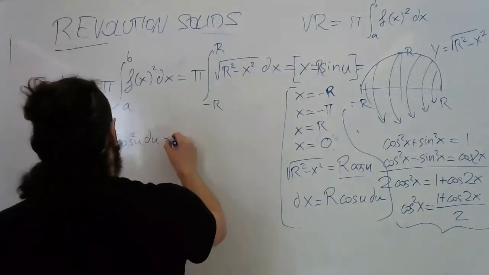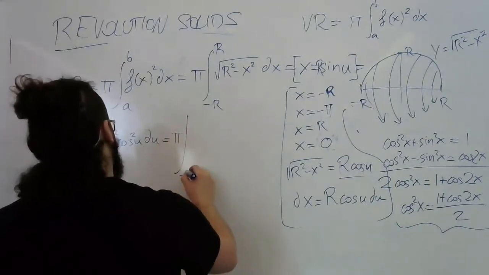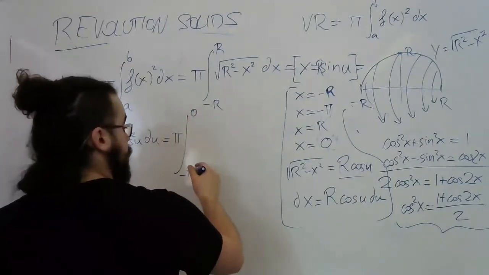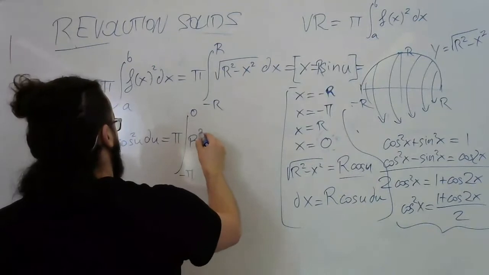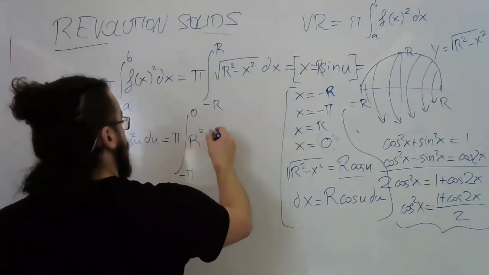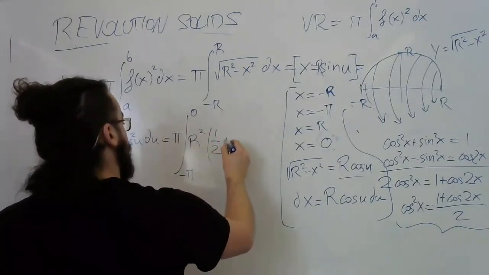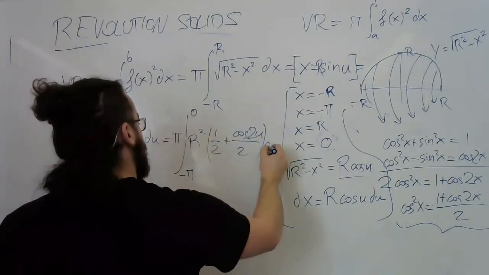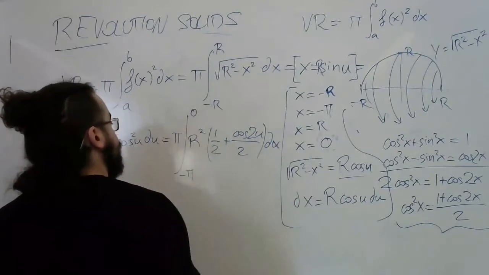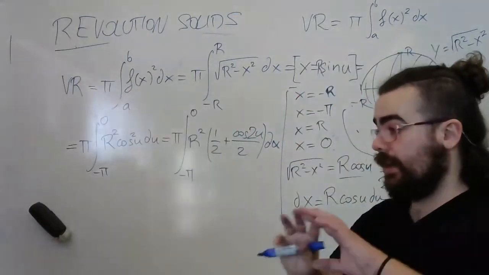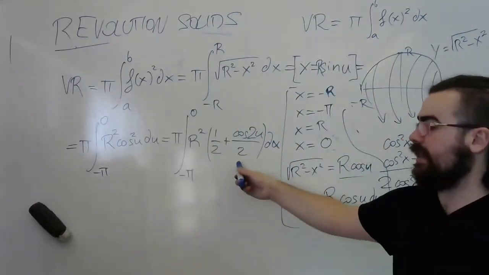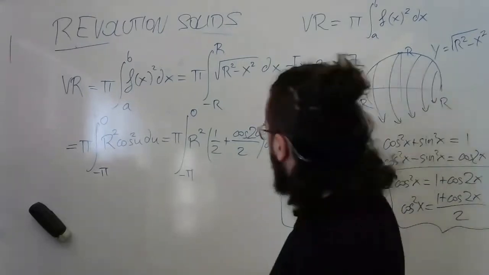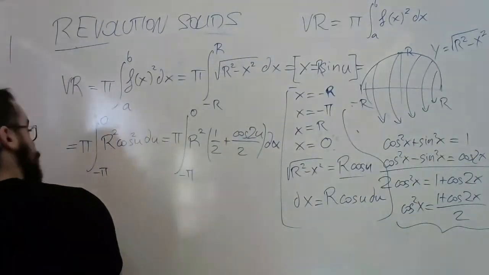So this is pi integral from minus pi over 2 to pi over 2 of r squared times 1/2 plus cosine of 2u divided by 2 differential of u. We separate these two integrals and we are almost there. Let's see what happens.